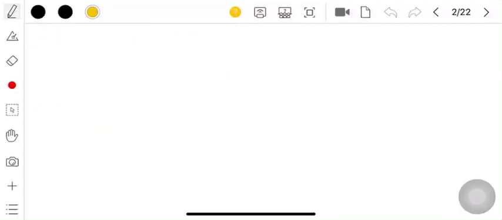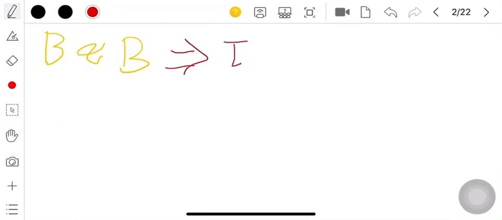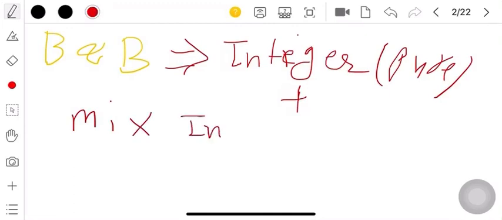So why do we use the branch and bound method? Branch and bound method is used to solve pure integer and mixed integer programming problems.